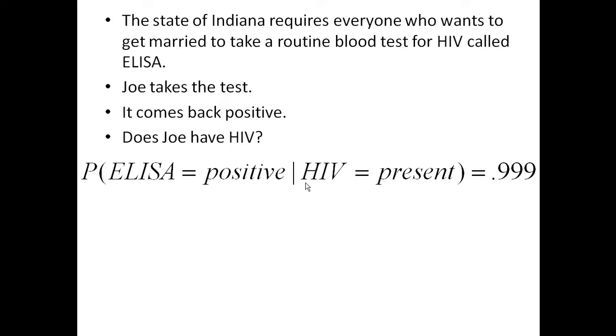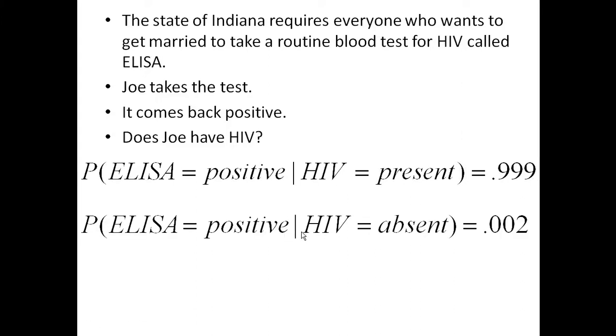Well, the probability ELISA equals positive, note the random variable notation, given that HIV equals present, is 0.999. This means out of every 1,000 people who have HIV, 999 test positive. If this was a perfect test, this number would be 1. It means everybody who has HIV would test positive. This is called the true positive rate. Remember, I mentioned this in my last talk.